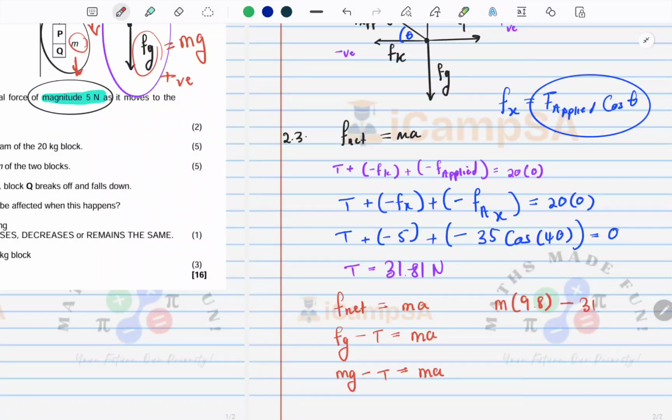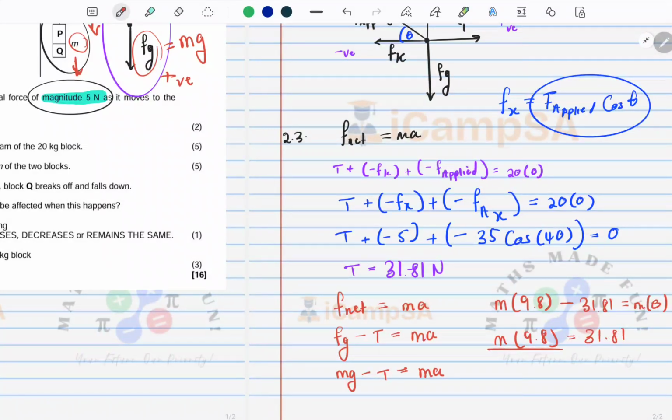31.8, and then equals 0, because here you substitute your A. So let's say M times 0. So you're going to have M times 9.8 equals 31.8.